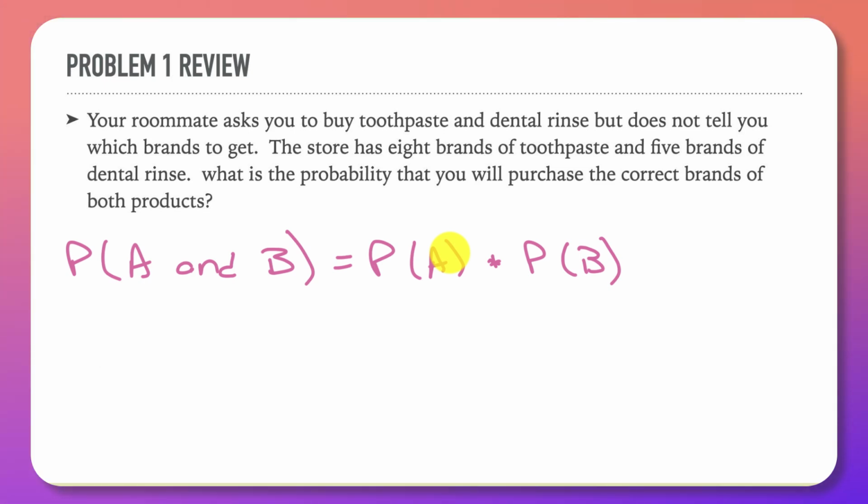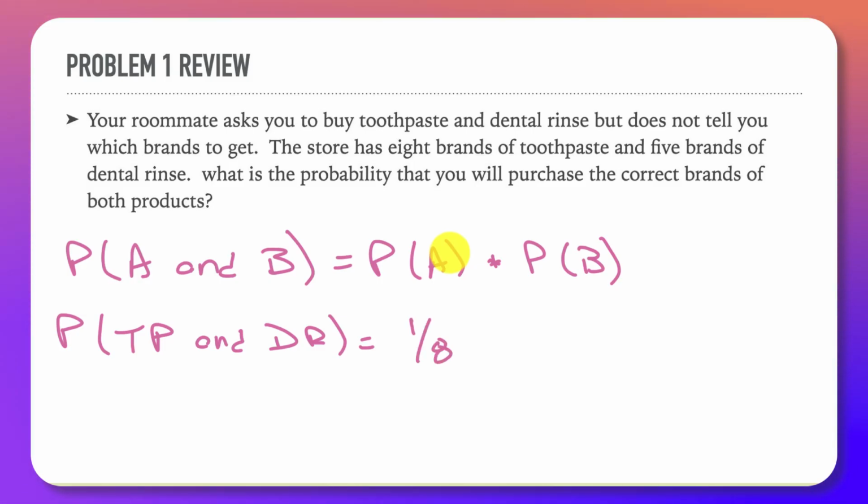So we'll let A be the probability of getting the right toothpaste, and the toothpaste was 1 out of 8. Put a little X. And then the probability of getting the right dental rinse was 1 out of 5, which when you multiply this, hopefully, I don't know your skills, but hopefully you know you just go straight across.